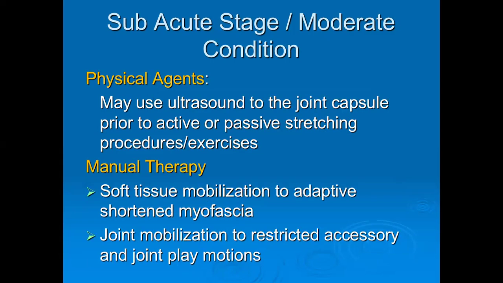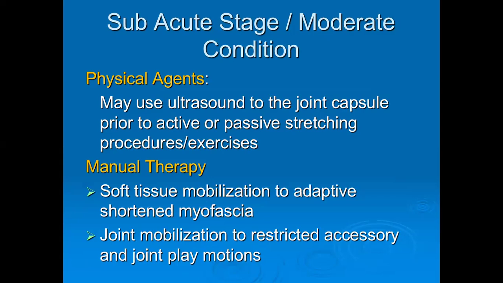Ultrasound can be used just before or after the exercise as well, but earlier to the exercises is very beneficial. Soft tissue mobilization can be used for the muscles which have lost flexibility. Joint mobilization can also be applied to restricted accessory and joint play motion.